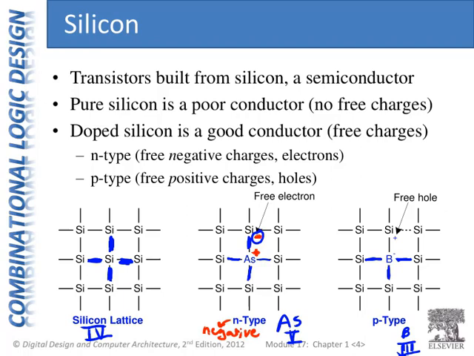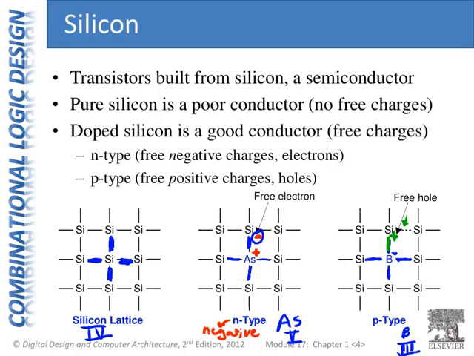And so it steals an electron from one of these bonds and becomes negatively charged and creates that fourth bond with the neighboring silicon atom. So boron is now a negative ion. And somewhere out here, there's now a missing bond, for example, here, and it's wanting to be filled with a negative charge or an electron.